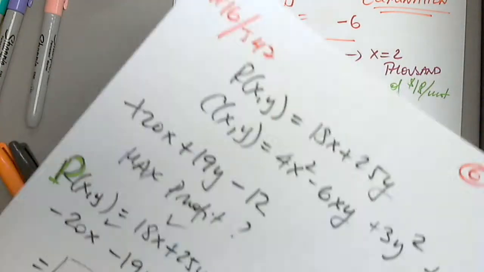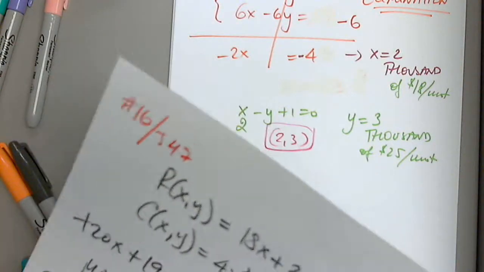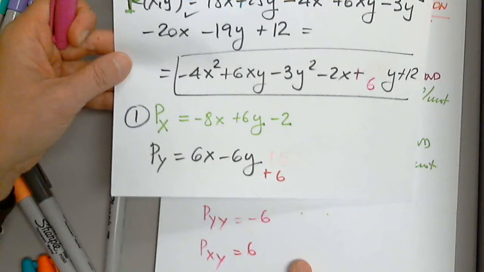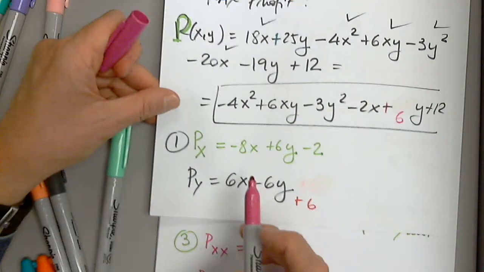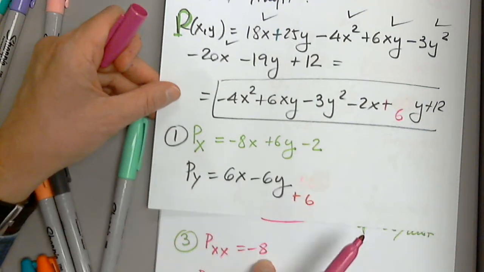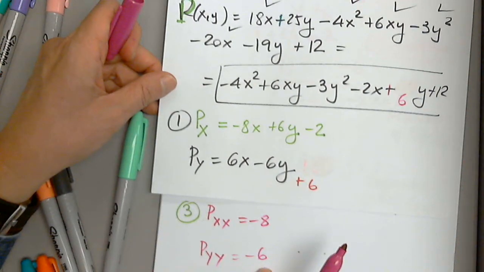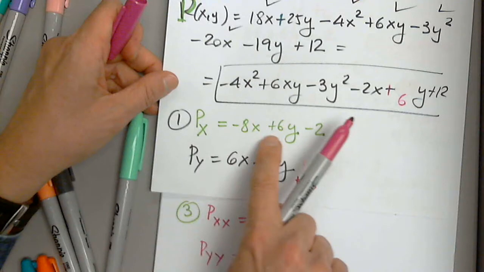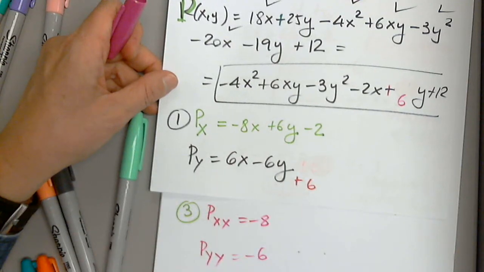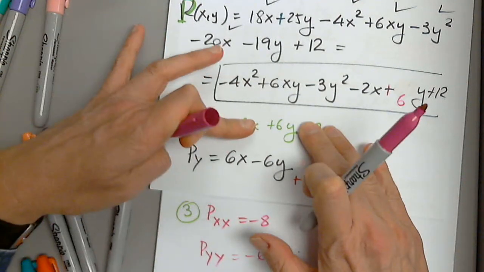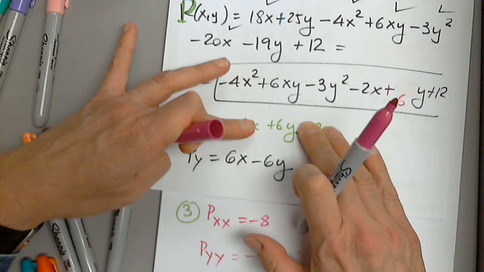Everything else is gone. They're constants. They don't depend on y.